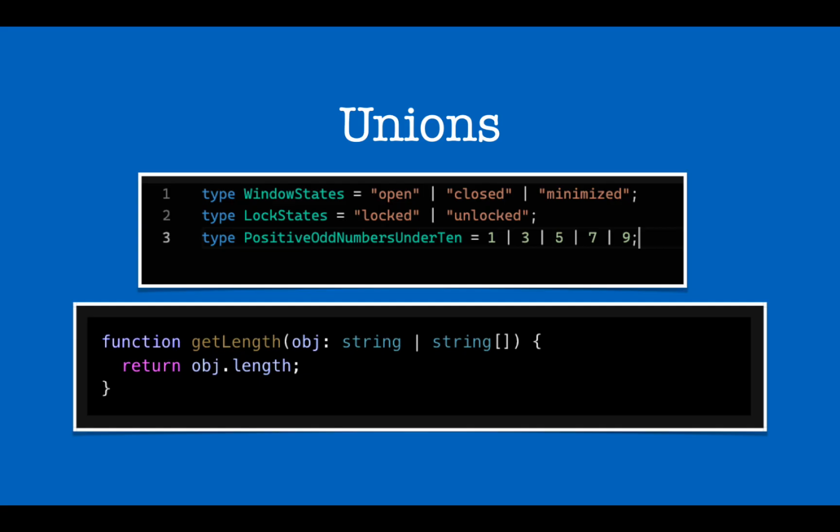The getLength function expects an object parameter, and the colon right after obj there is the TypeScript bit where we assign the type to the input parameter. If we didn't have that part, it would just be plain old JavaScript. And we could accidentally pass in a number and the code would throw an error, right?